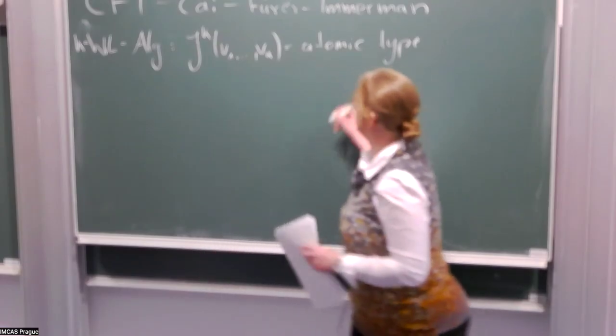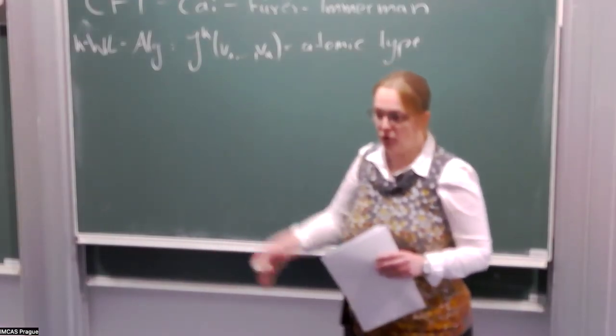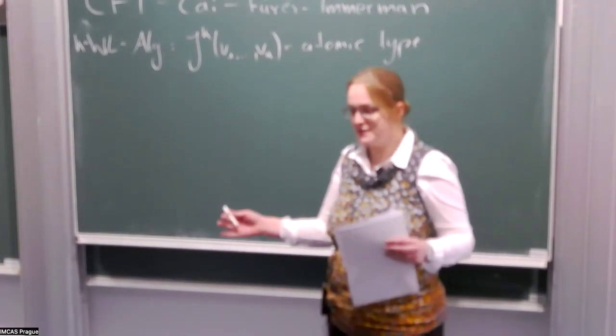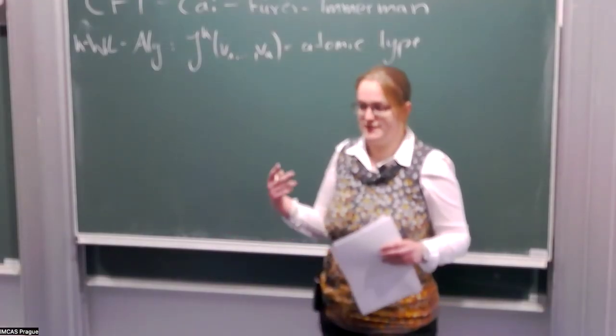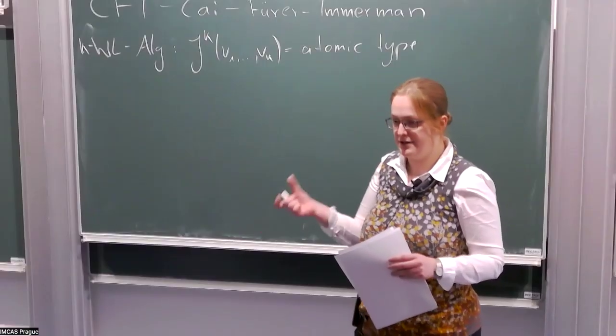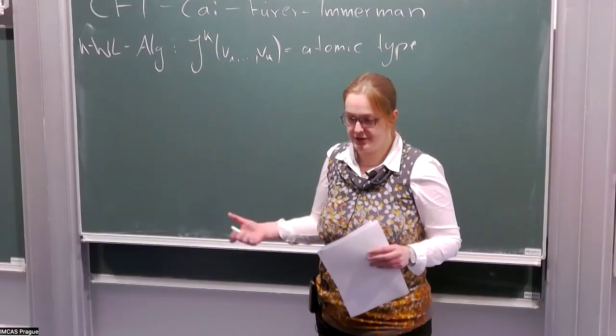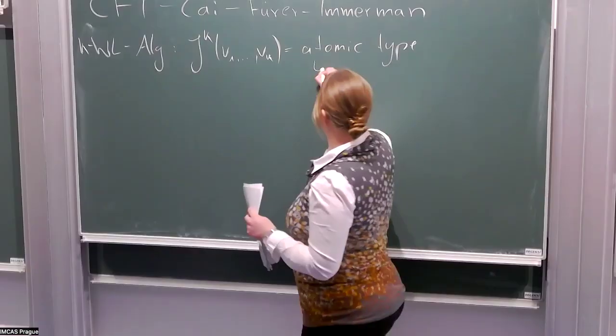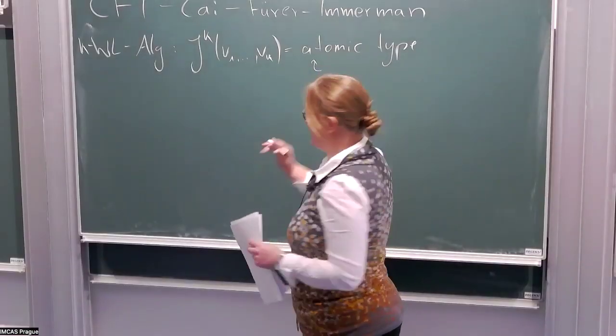The atomic type is just a way to record, when you have a tuple of vertices, whether two entries are the same, or whether two entries are connected by an edge or not.